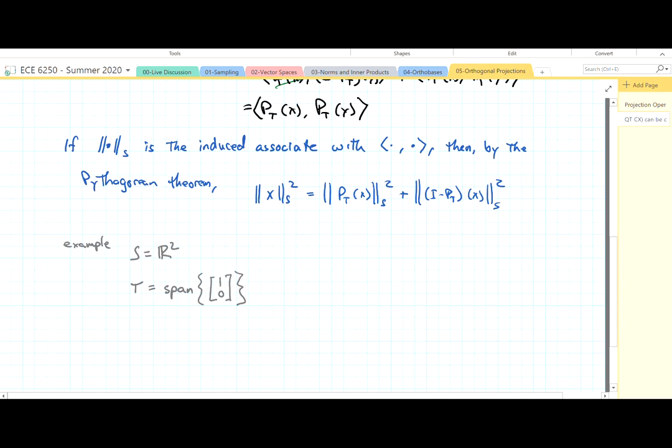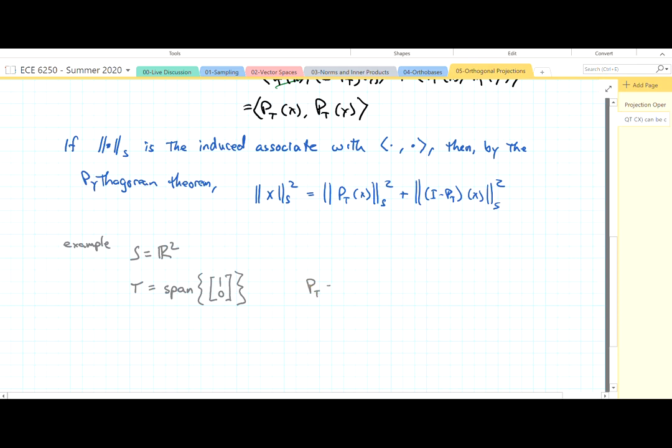So you can convince yourself that's a subspace of R2. So what projection operator would take us from S to T?